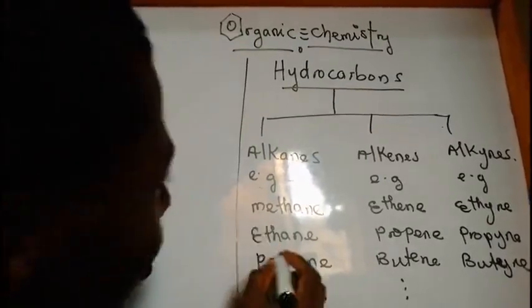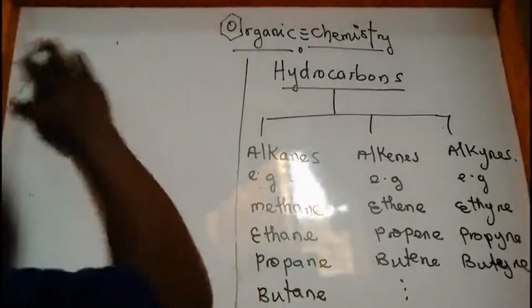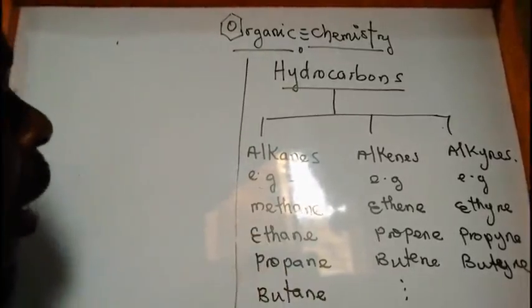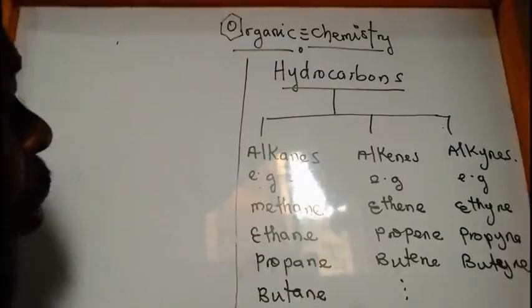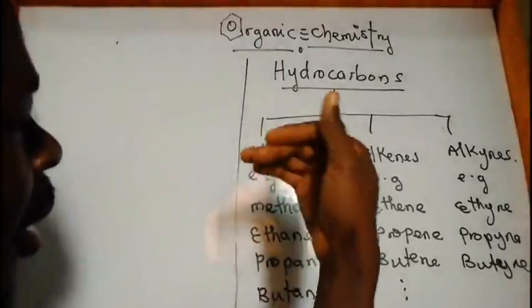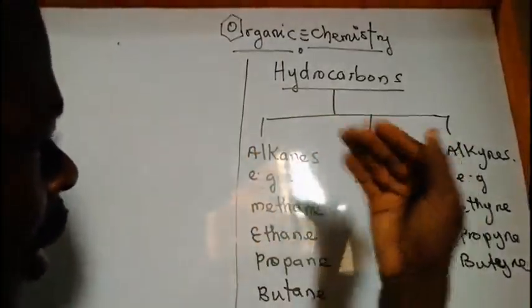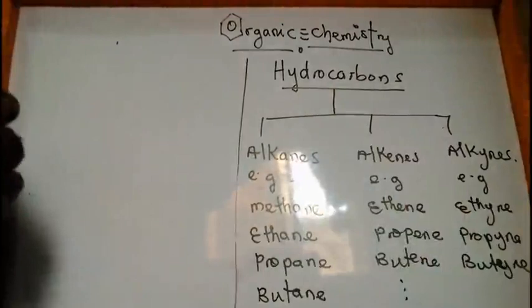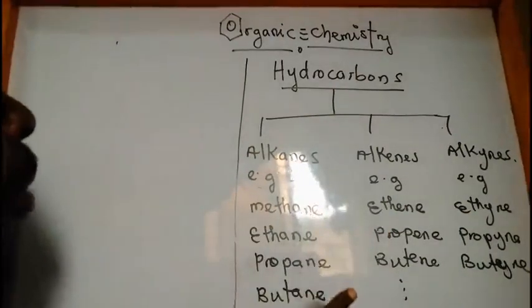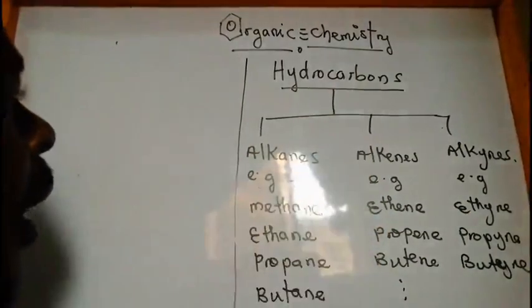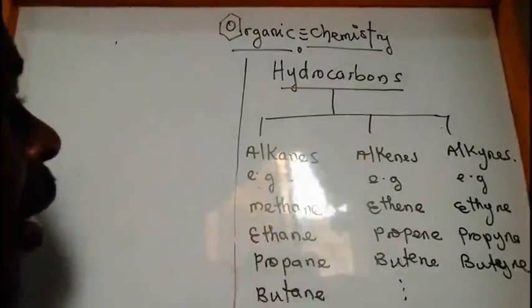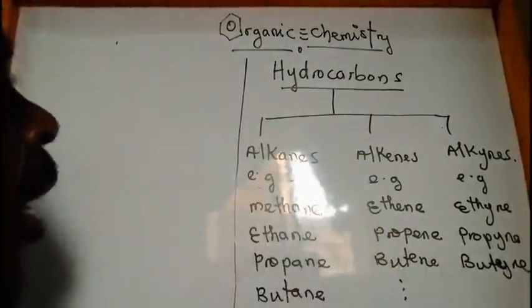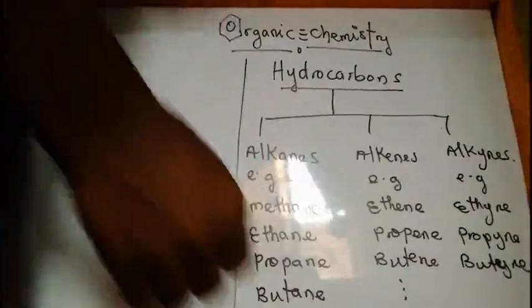So let me stop. We are going to discuss it extensively in the next video, under hydrocarbon 2, how we came across each one of them, that is the alkane family, the alkene family, and the alkyne family. So basically, the three major groups where we can find the hydrocarbons are the alkanes, alkenes, and the alkynes.